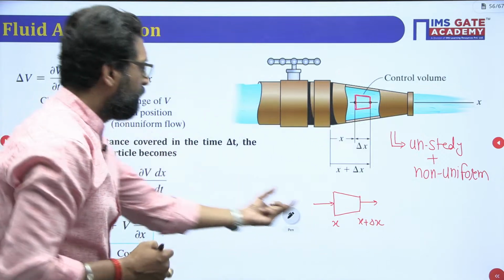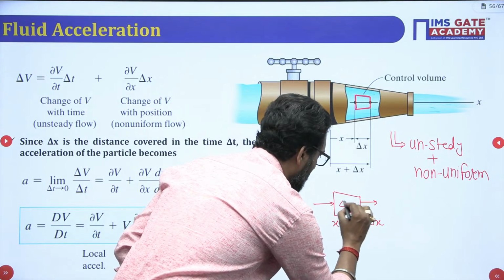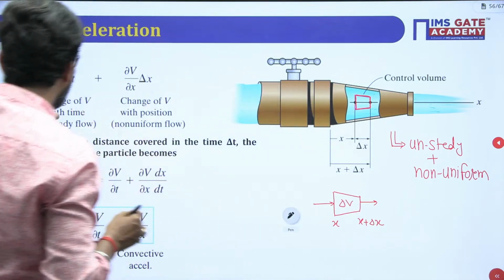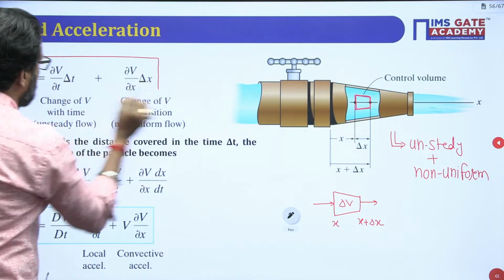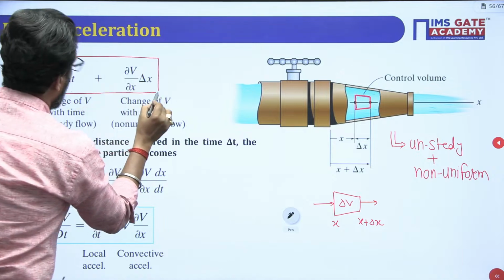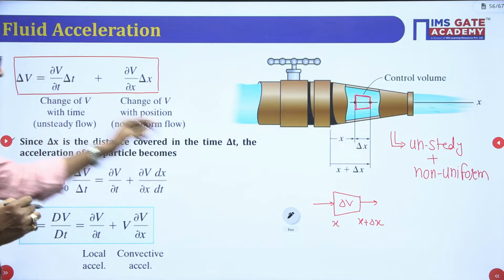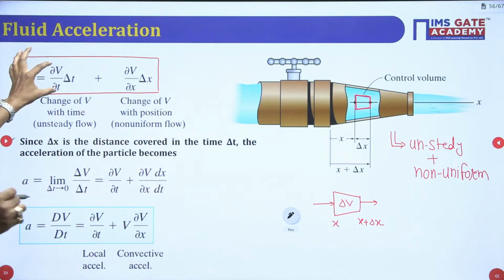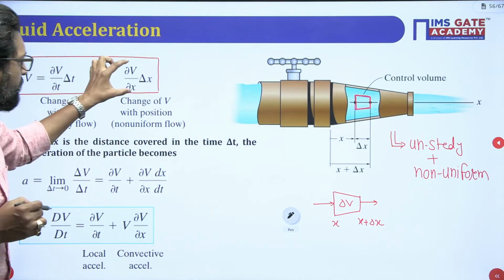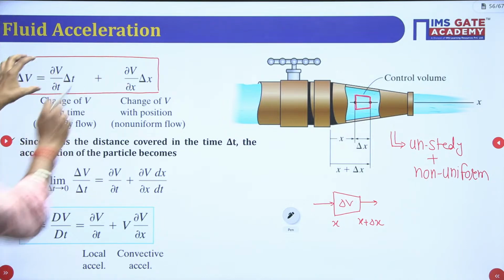So my dear, if you take the change of the velocity within that, if you find the delta v, this is your derivative mathematics. This change in velocity, why? Because this is unsteady and non-uniform. So the first effect is the unsteady effect, the second effect is the non-uniform effect. So for the change in velocity, there are two effects.